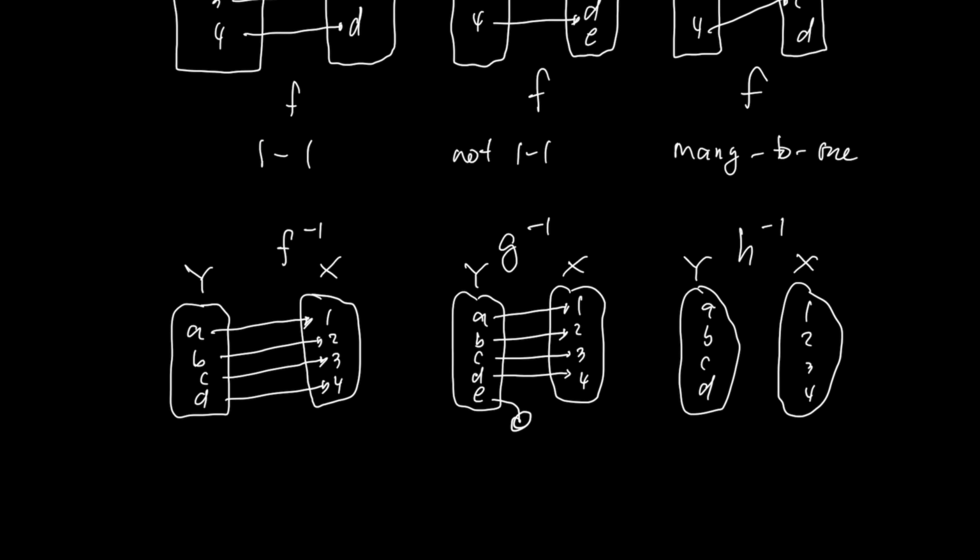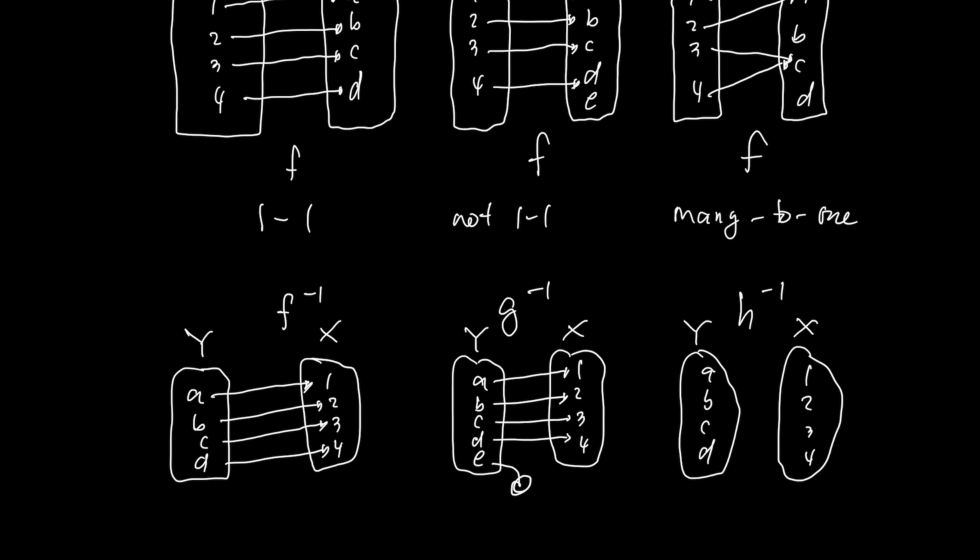Now, for the third one, which is h, A is mapped to 1, also A is mapped to 2. Then, C is mapped to 3, and C is also mapped to 4.